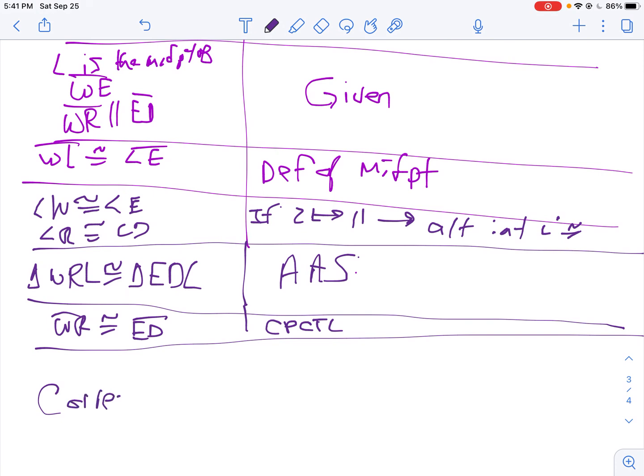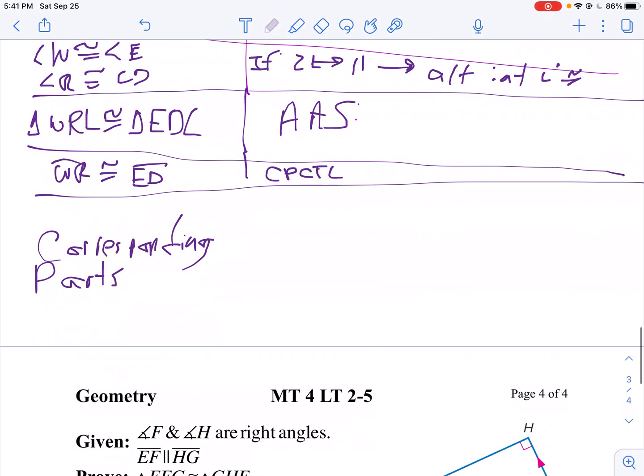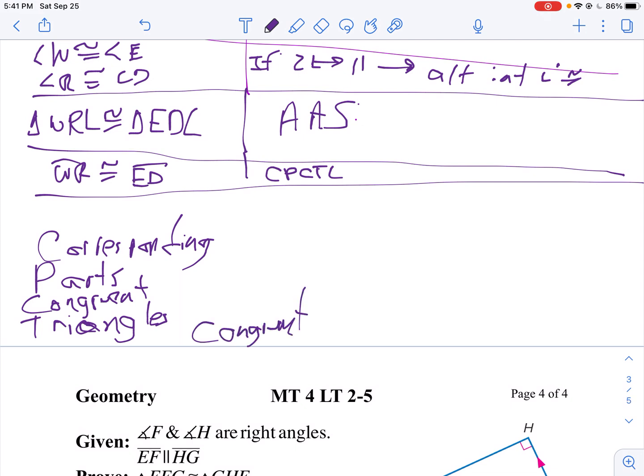Corresponding parts of congruent triangles are congruent. There you have it. Corresponding parts of congruent triangles are congruent.